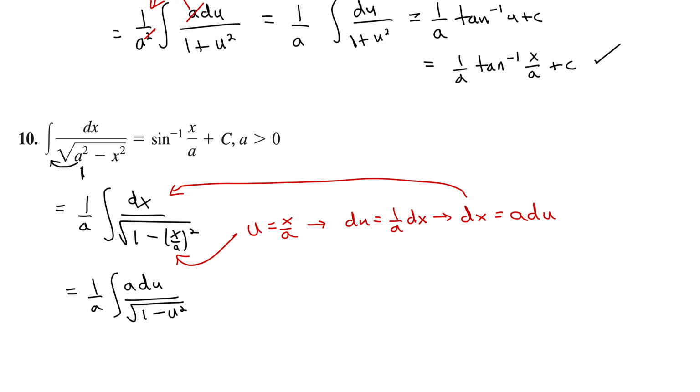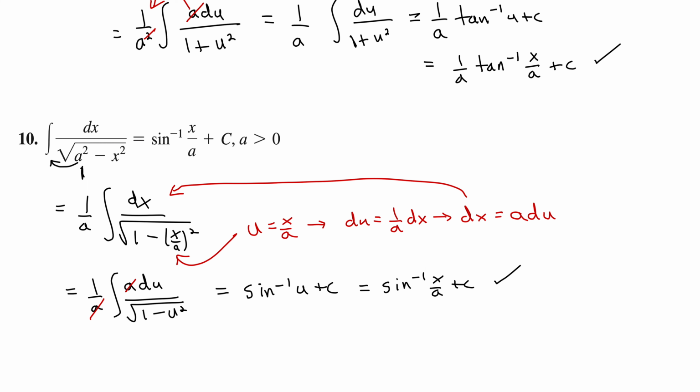And we are off to the races. Our a's cancel out, how nice. And we're left with the integral of 1 over the square root of 1 minus u squared, which we know is arcsine of u plus c. But then recall that u is actually x over a, so this becomes arcsine x over a plus c, which is what we wanted to show.